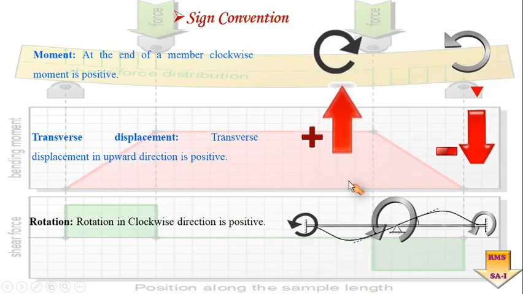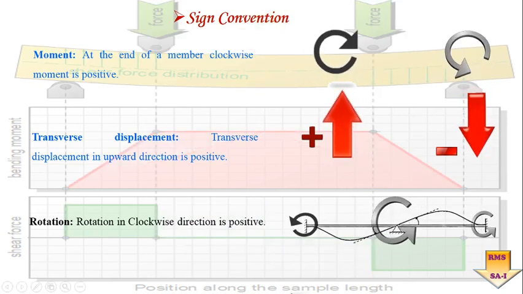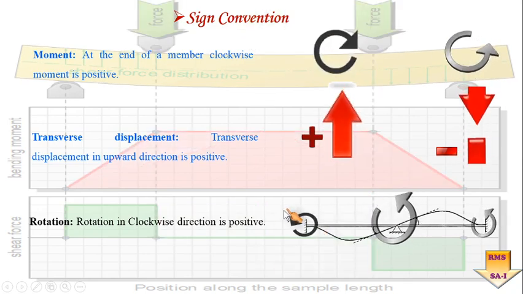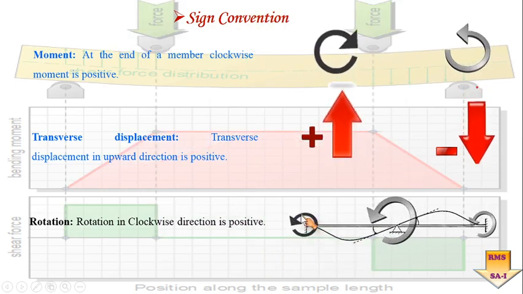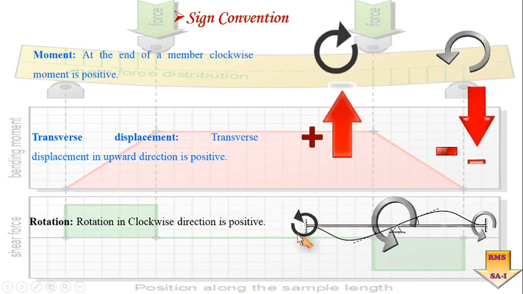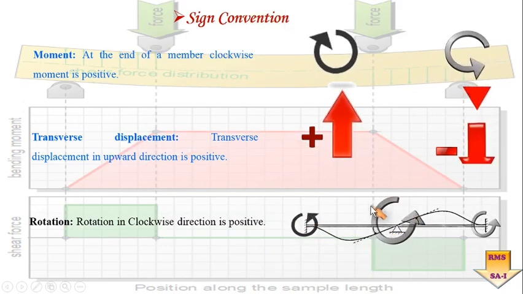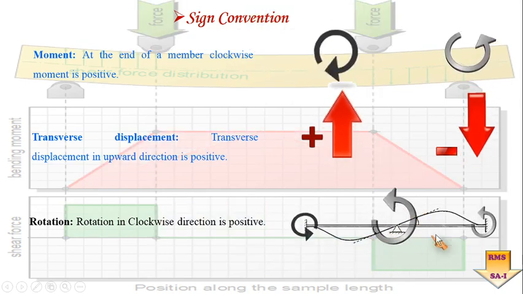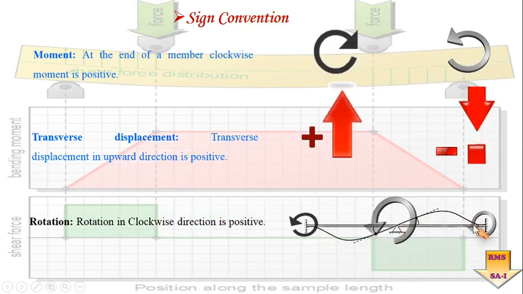Moving ahead, as far as the rotations are concerned, you can see the rotations of a joint. Here there is a fixity, so it is giving resistance toward the rotation. As far as point B is concerned, it is a hinge, so it is allowing the rotation. So this beam is going to rotate in this elastic curve manner.